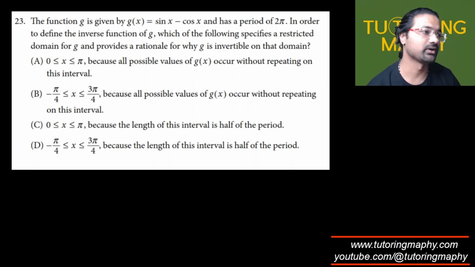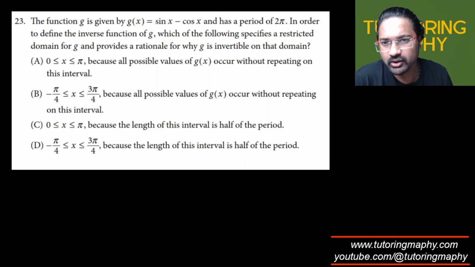So we have to keep in mind that for any function to have an inverse, it should be a 1-1 function. Now for sin x minus cos x, I want this to be a 1-1 function, and it has a period of 2 pi.